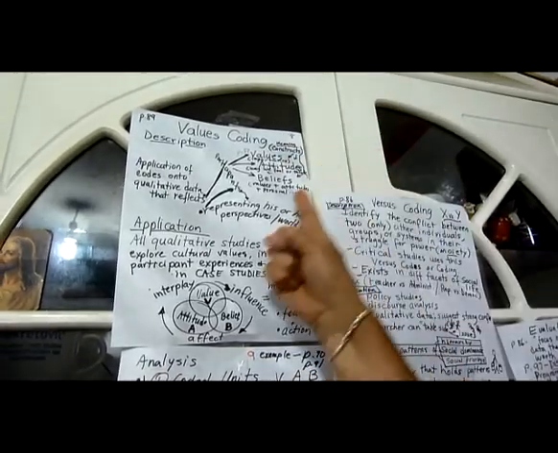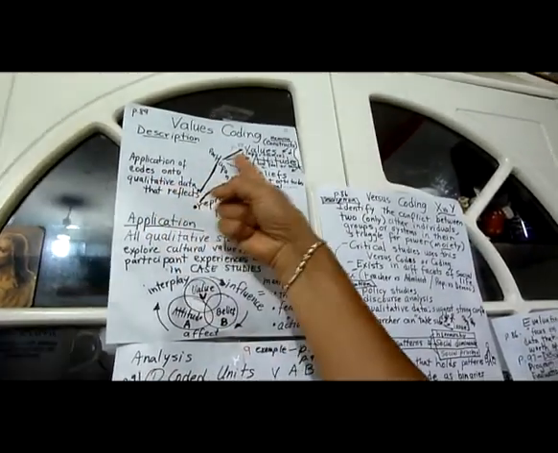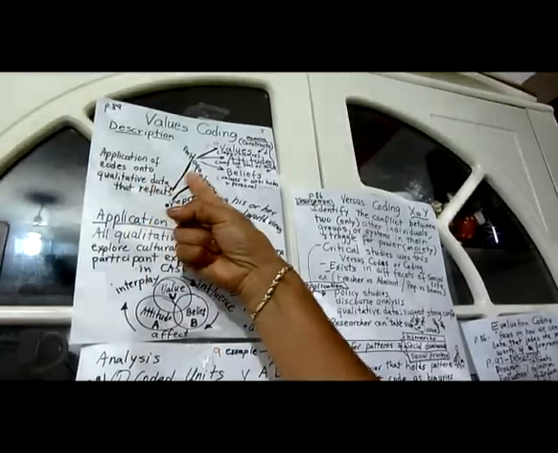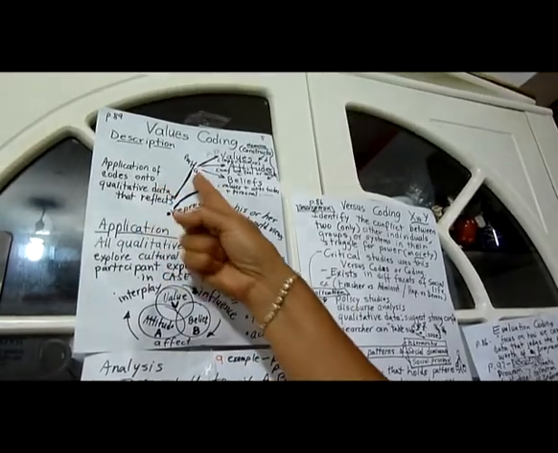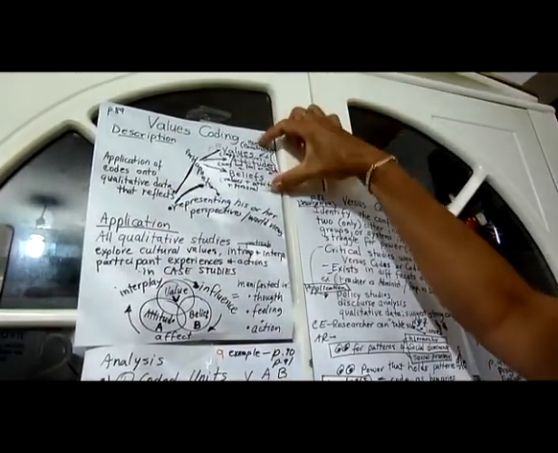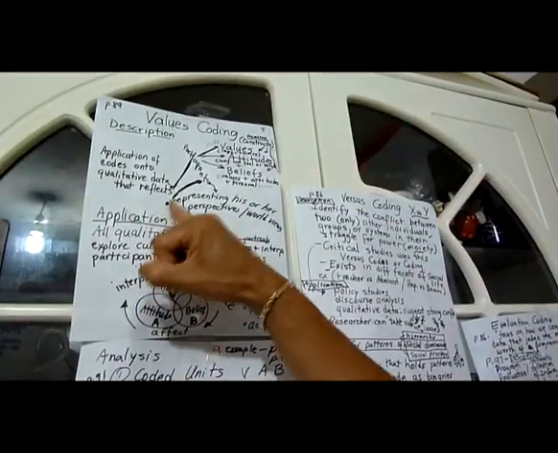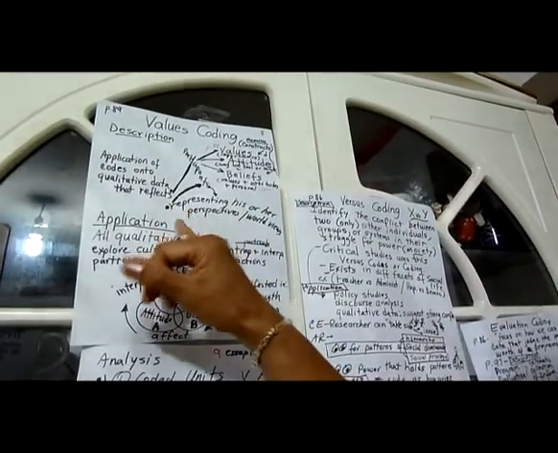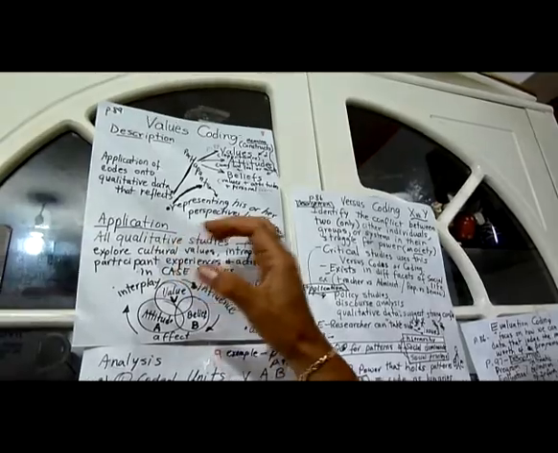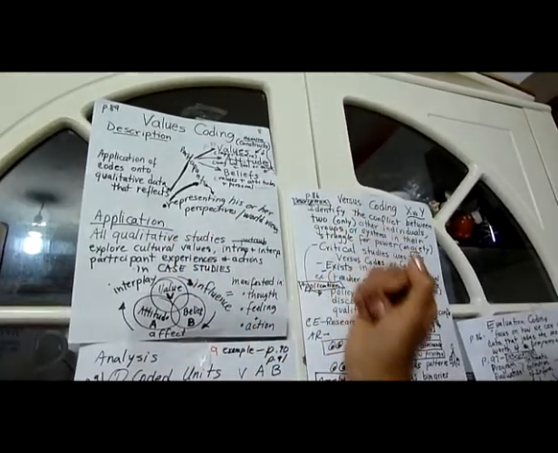Once again, the researchers can either look at the information the participant gives them directly about this construct, or the researcher can represent the perspective of the worldview of the participants.